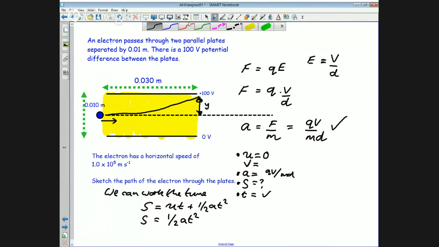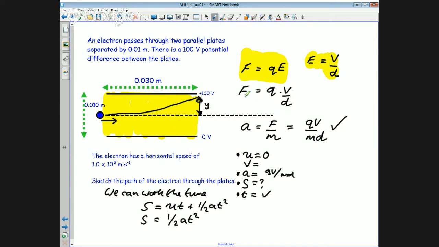Here are the key points. In an electric field, an electron or a charged particle Q will experience a force F equals QE. But we also know that E equals V divided by d, the potential difference divided by the distance between the plates if it's a uniform electric field, which in this case it is.